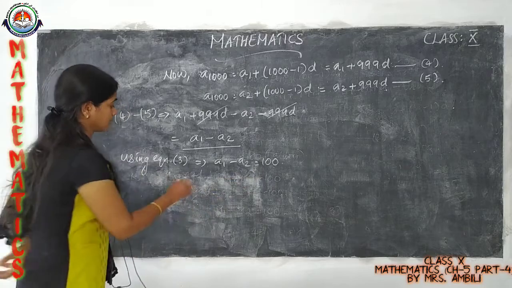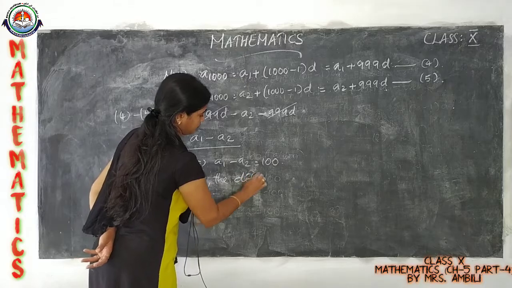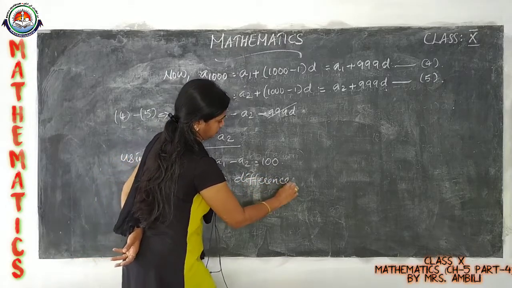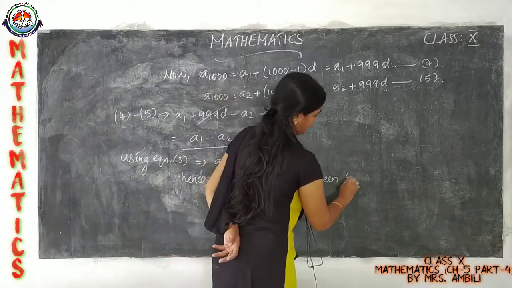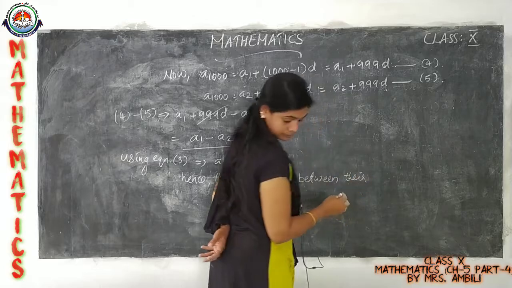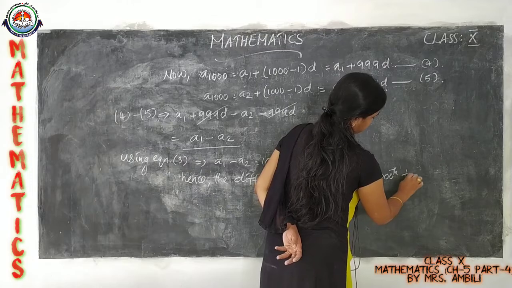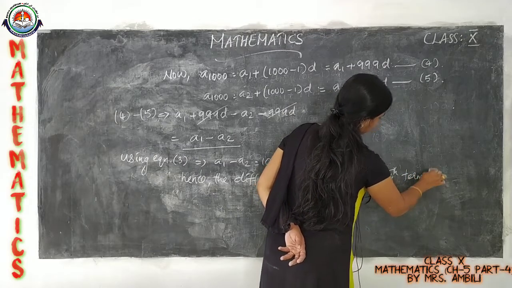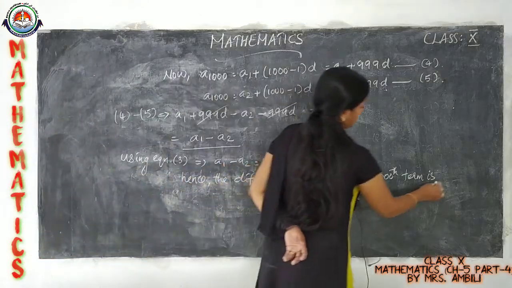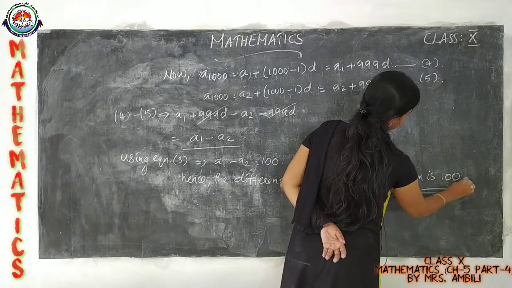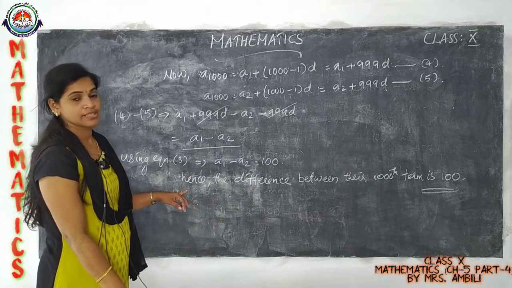So we can conclude that hence the difference between their 1000th term is 100.